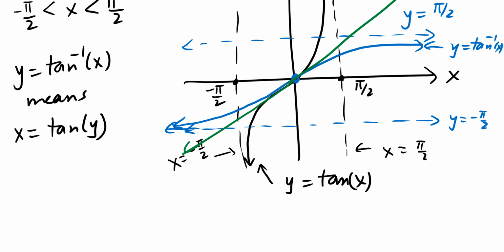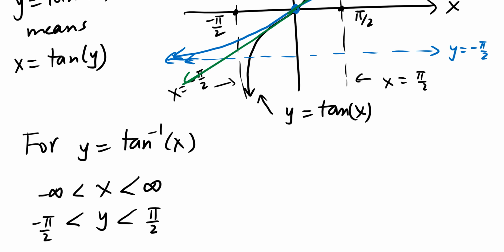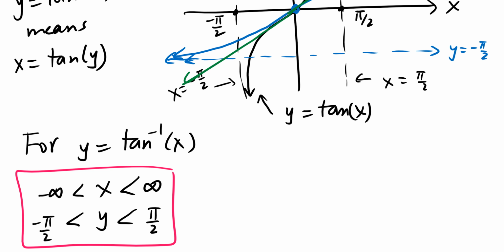Now for y equals tan inverse, what are the restrictions? Notice for the blue curve, x goes from -infinity to infinity, so x can be anything. But the y has to be from -pi/2 to pi/2. Box them again. And you can write this as arctangent of x. Good to know that.